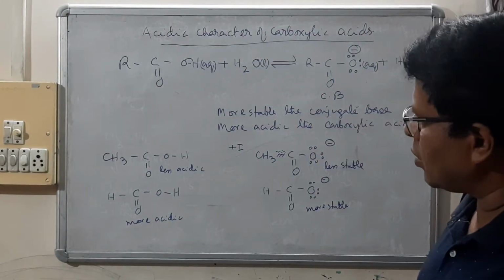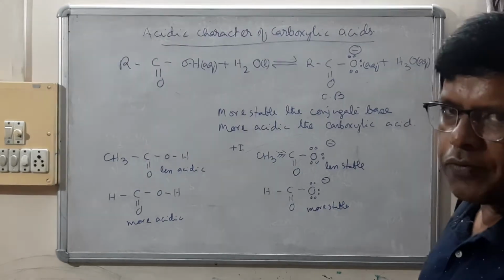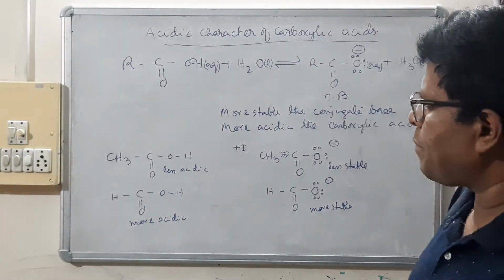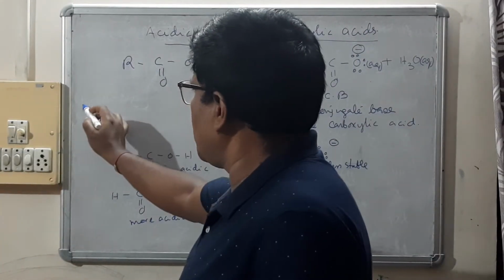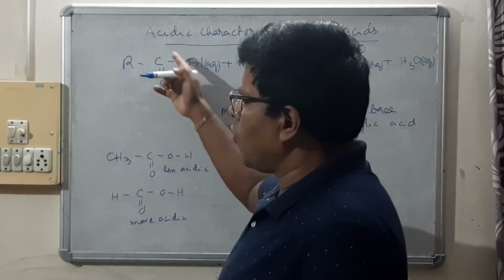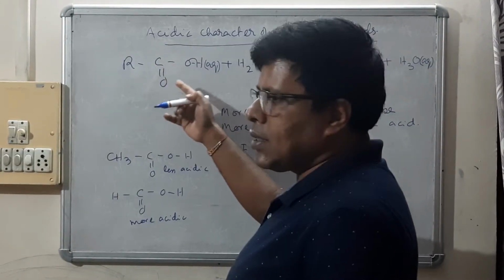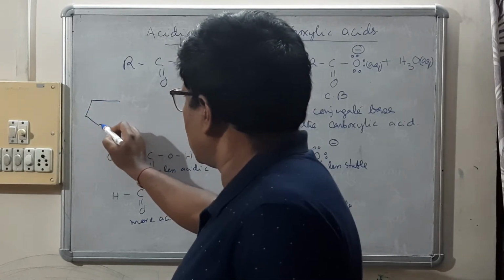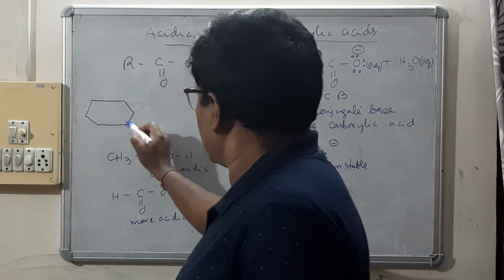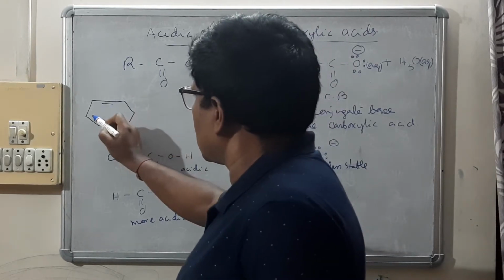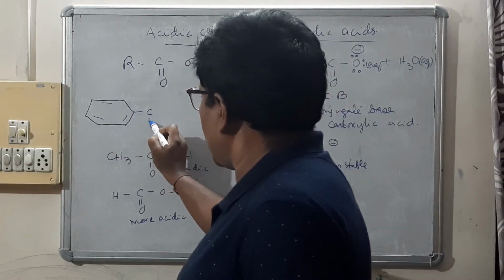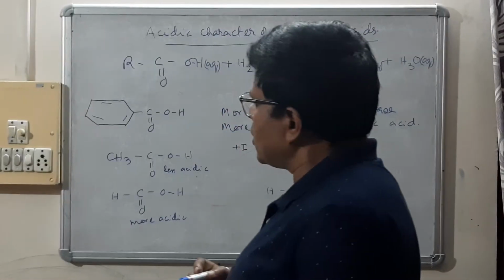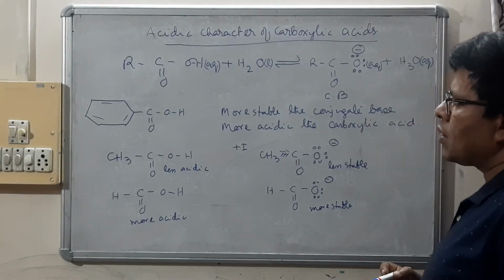Suppose you are asked, between aliphatic acid and aromatic acid, which one is more acidic? So this will form one example of aliphatic acid, and benzoic acid is one example of aromatic acid.